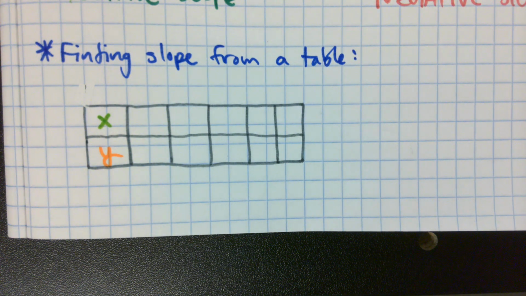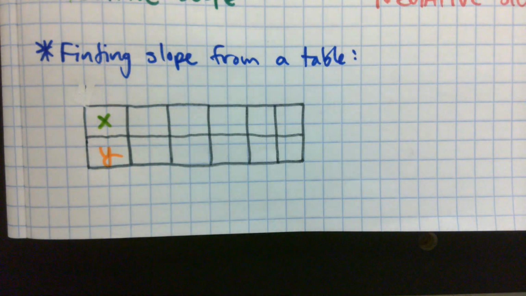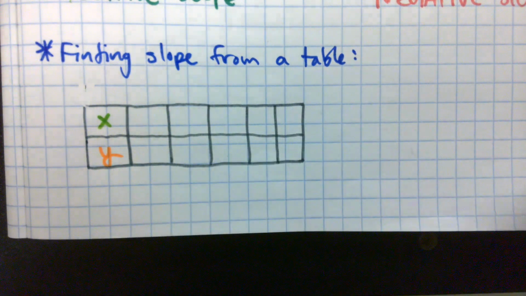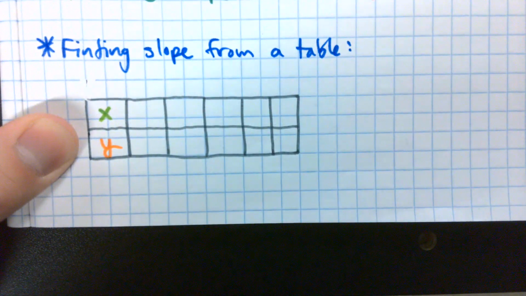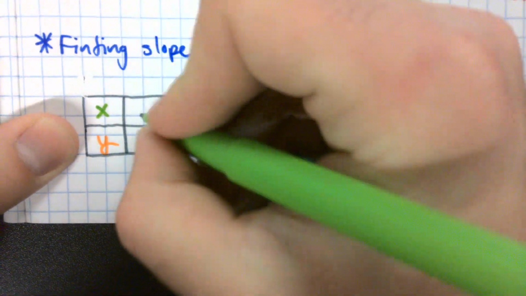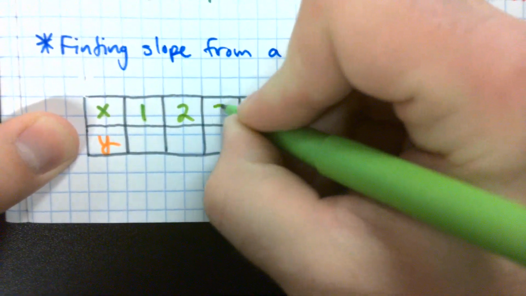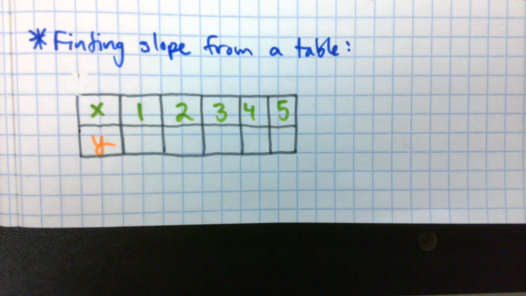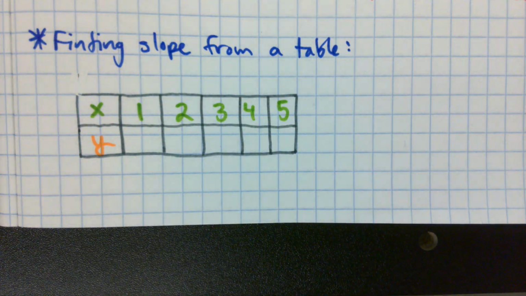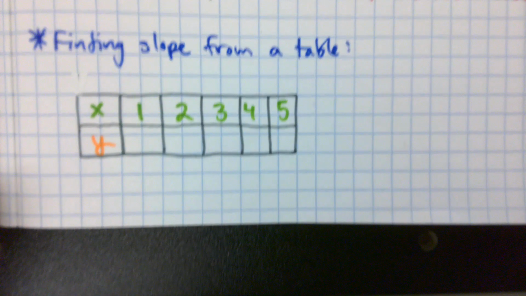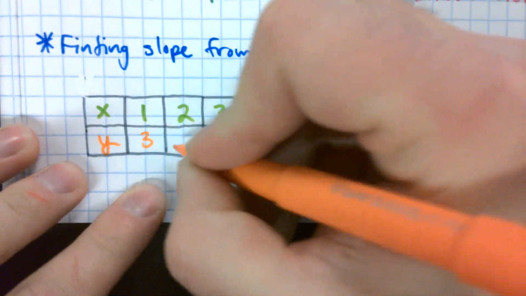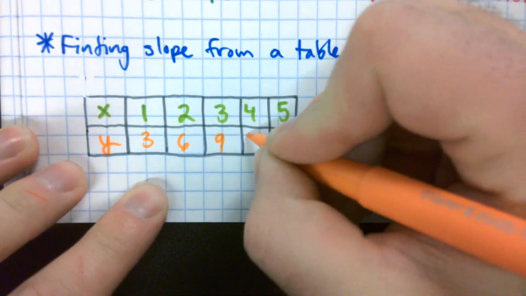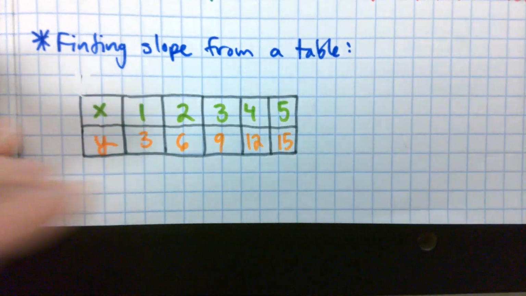It's not a very even table, but it's okay. So let's say our x values are 1, 2, 3, 4, and 5. And let's say our y values are 3, 6, 9, 12, and 15.